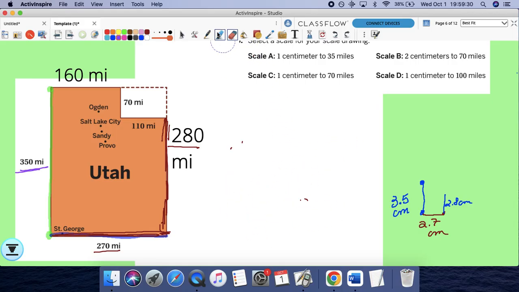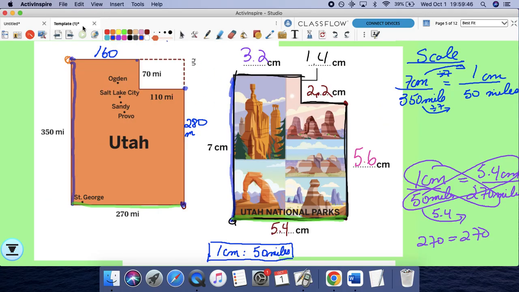So notice, I'm going to make a comment, the scale that we used earlier in class today, the scale was 1 centimeter, and I believe it was 50 miles, right? The one that we used to create this. Notice the difference, right? When the scale was 1 to 50 miles, this was 7 centimeters, right?